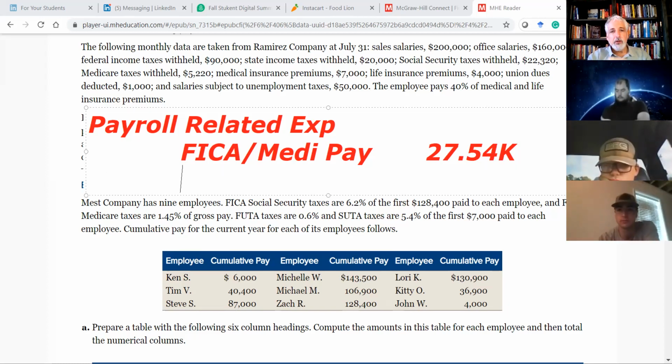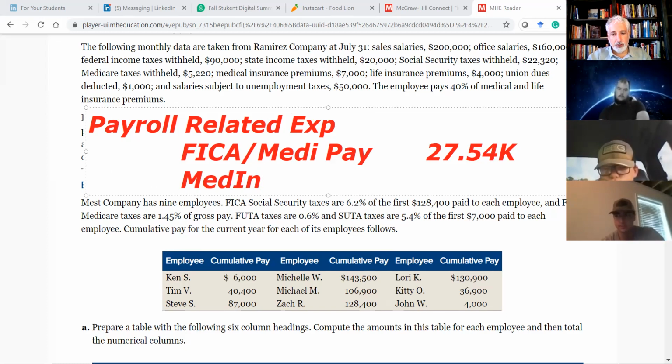And additionally, we do have to worry about medical insurance. Med insurance, life insurance payable. And again, we're paying 60% of that.